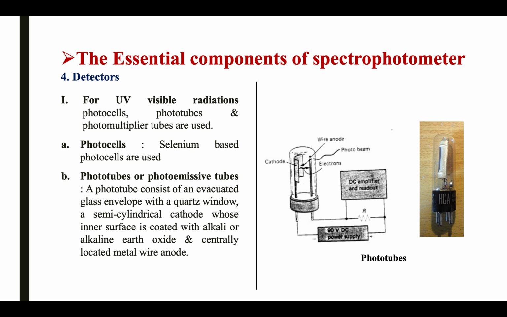This is the second type of photoelectric device, which is in a vacuum. It consists of a semi-cylindrical cathode and a wire anode sealed inside an evacuated transparent envelope, as you can see in this figure.